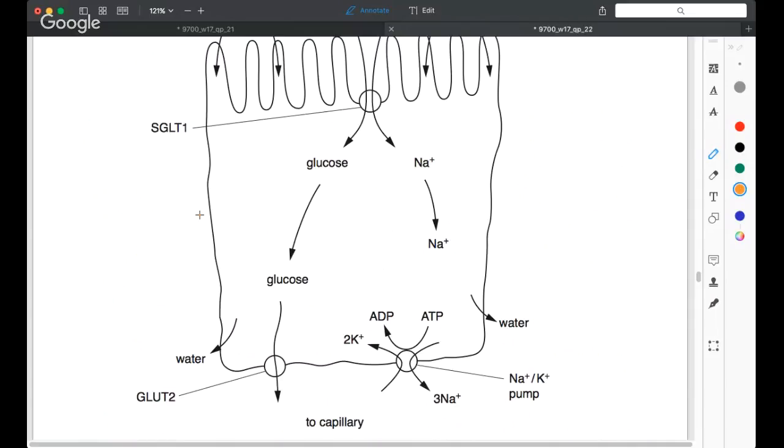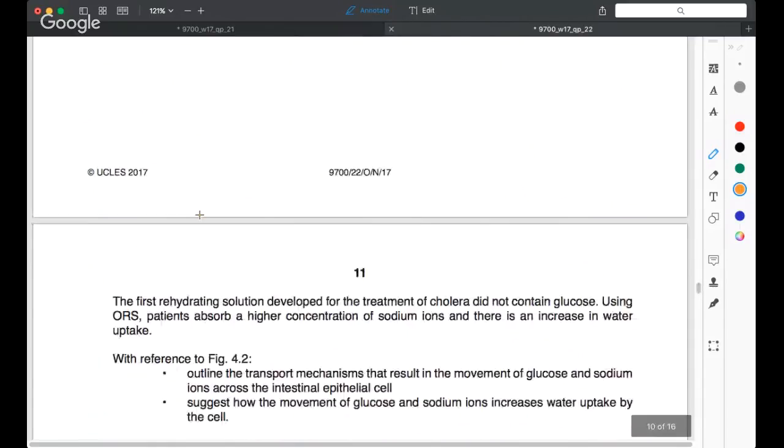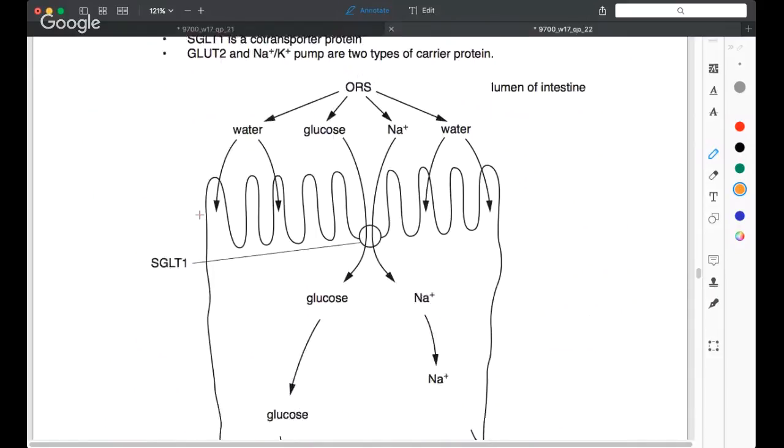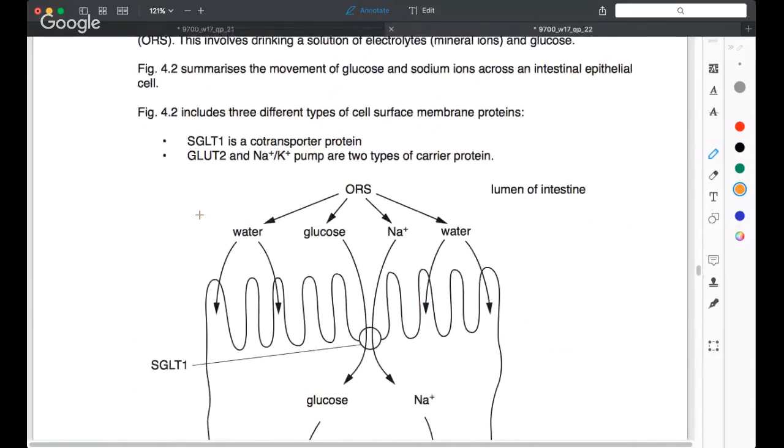And glucose moves through a co-transporter protein by facilitated diffusion, down the concentration gradient.